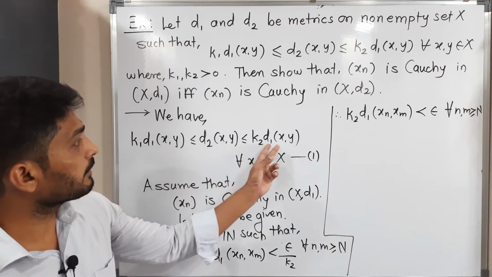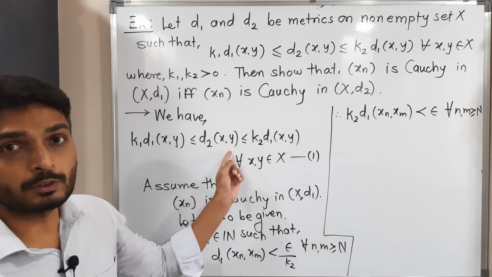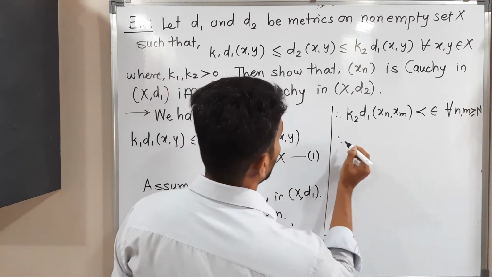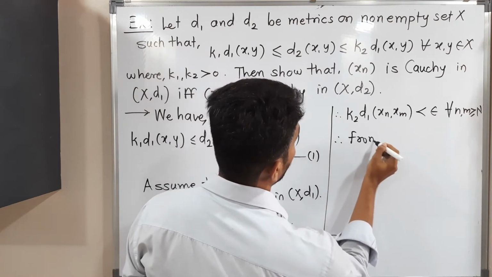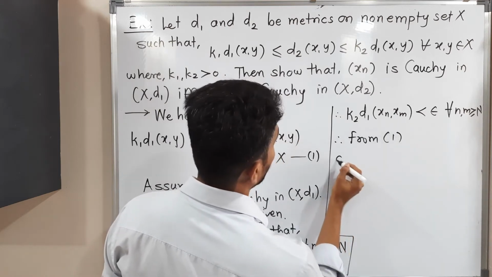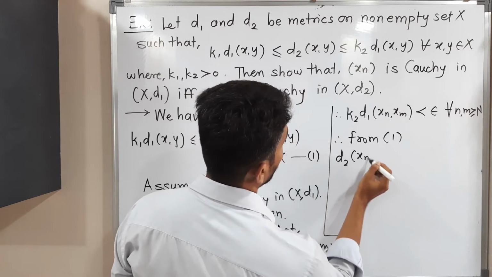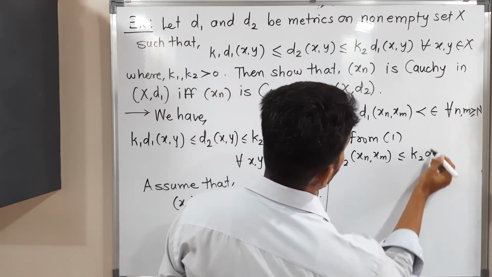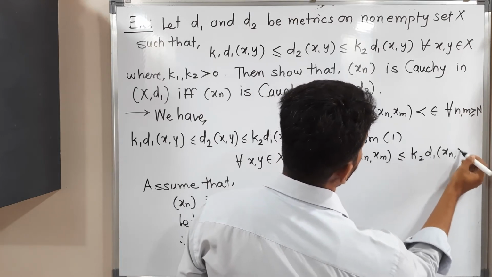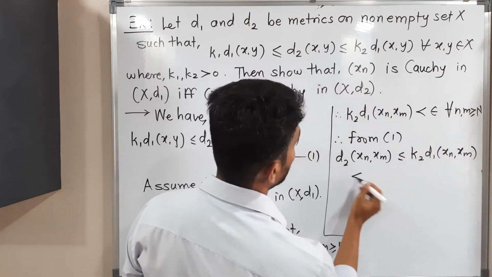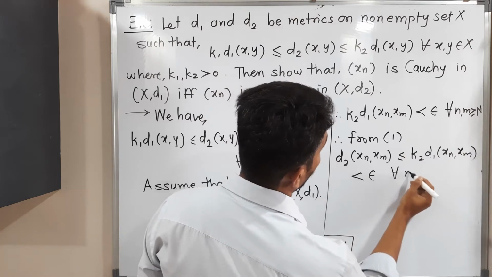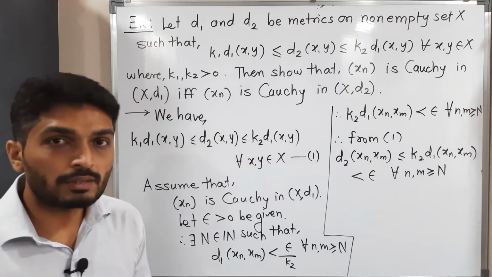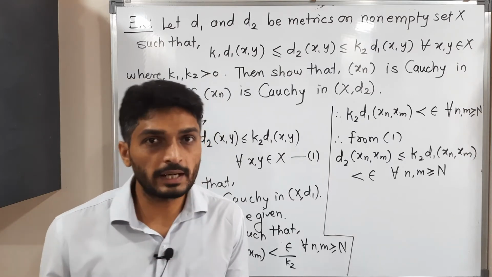K2 D1 of x, y is greater than or equal to D2 of x, y. So if I use this inequality, what will I have? From 1 we can write D2 of Xn, Xm less than or equal to K2 D1 of Xn, Xm, which is less than epsilon for all n, m greater than or equal to capital N. When we have a less than b and b less than c, we write a less than c.